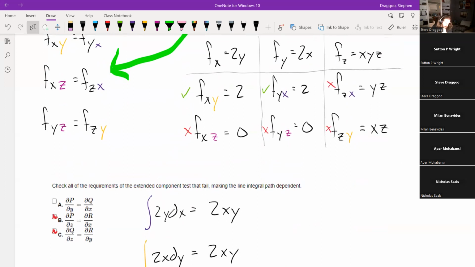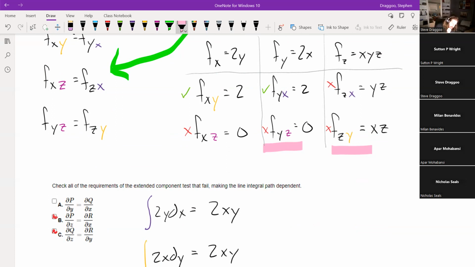I get that the xz partial derivative is 0, but the zx partial derivative is yz. So that didn't work out for us. I also get that the yz partial derivative is 0, but the zy partial is xz. Probably worth pointing some stuff out. The yz partial and the zy partial, those are the two parts I'm looking at. One was 0, the other is xz. They aren't equal to each other.